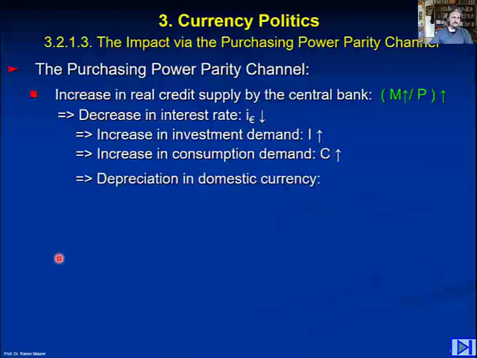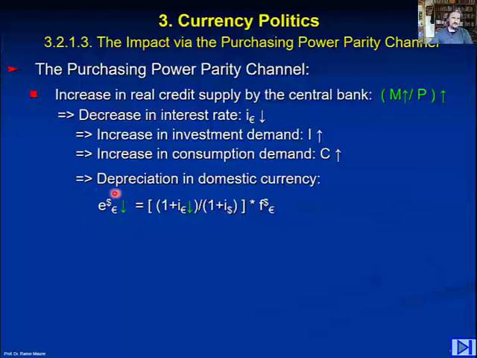Now, we will also have an immediate depreciation of the domestic currency via the interest parity channel. If we take a look again at the interest parity equation, we see that a reduction in the domestic interest rate causes a reduction in the domestic spot exchange rate.